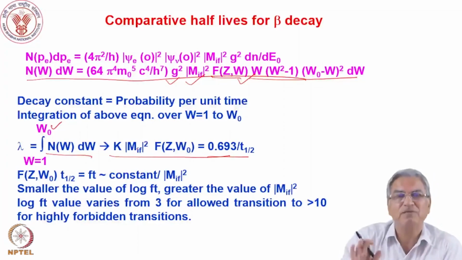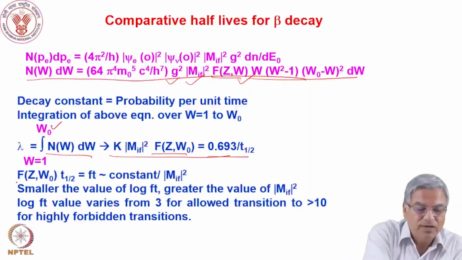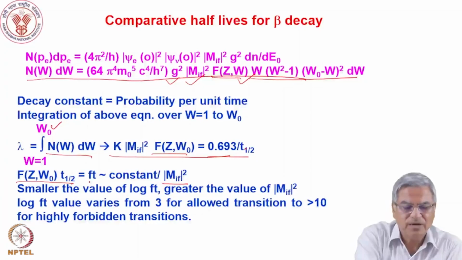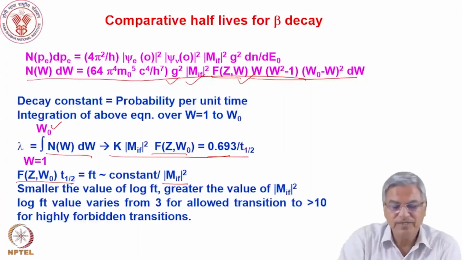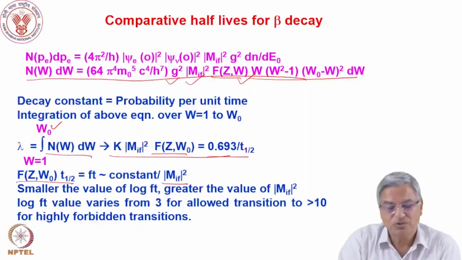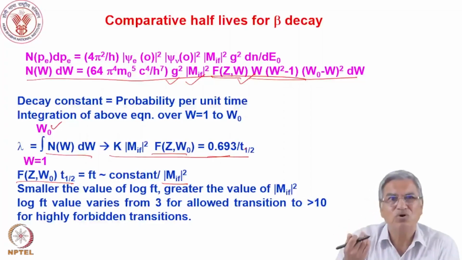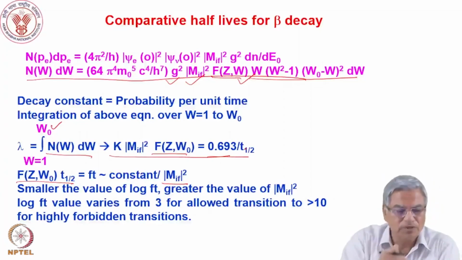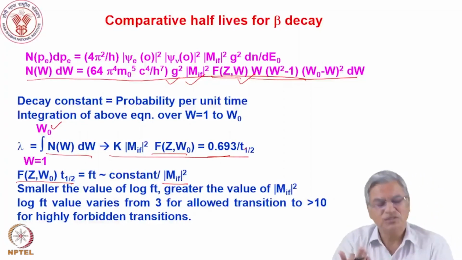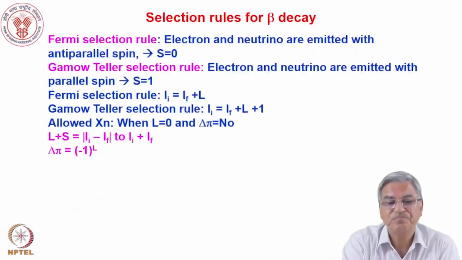Then Ft is proportional to a constant upon M_if square, where M is the matrix element for transition. So you can see here Ft is inversely proportional to M_if square. Smaller the value of log Ft, greater the value of M_if square. Essentially, it means that if a transition is allowed, it will have a higher value of M_if. So a lower value of log Ft is an indication of allowedness. For allowed transitions, log Ft varies from 3 and goes on to higher values. We will see it very soon.